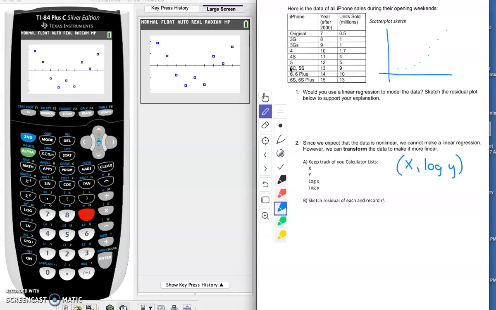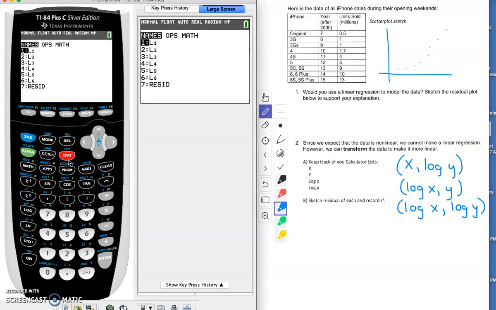And I know this is a little weird because we're so used to, in math, whatever we do to one side of an equation, we do to the other side. And here I'm telling you to only mess with one variable at a time. So I want you to then look at the log of x versus the log of y and see if it straightens it. And then if that doesn't work, then we'll transform both variables. So it's really important that you keep track of your lists as you do this.